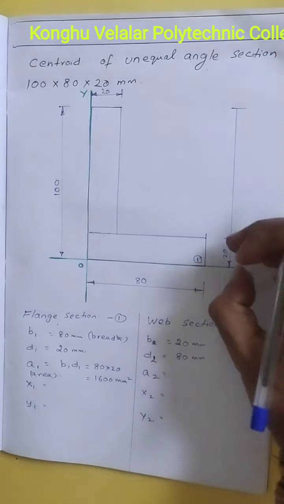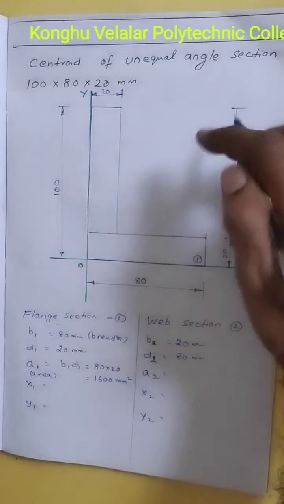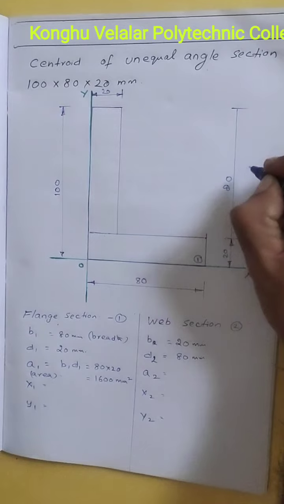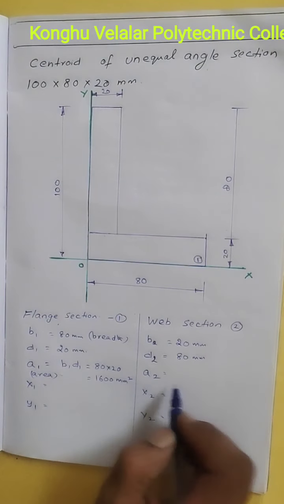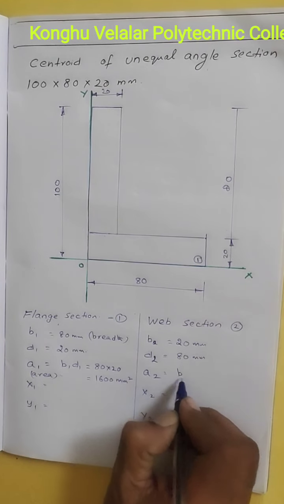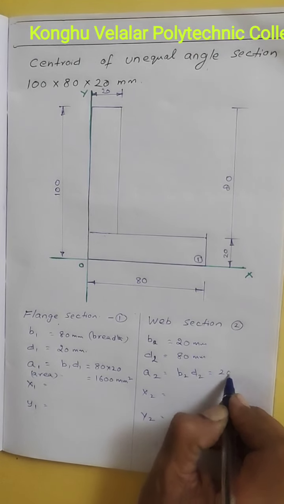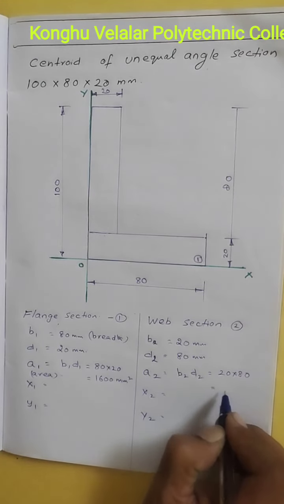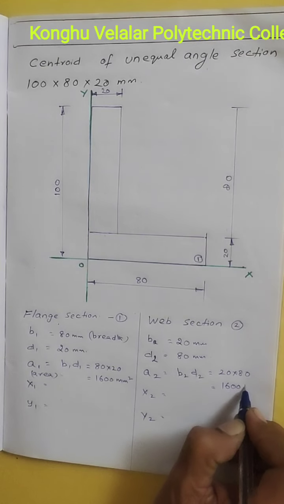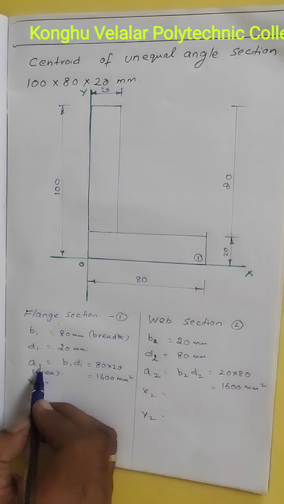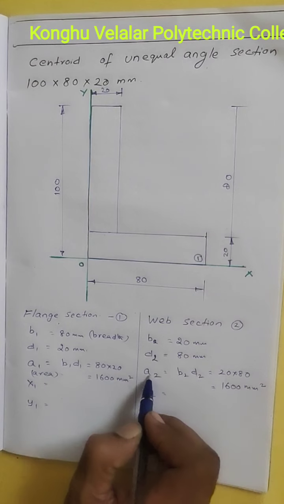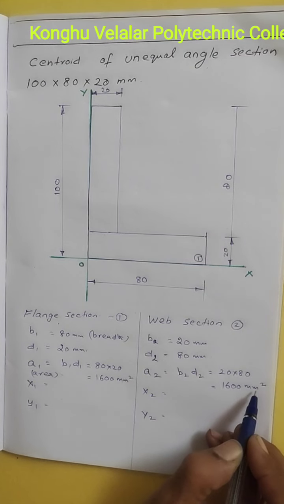Totally it is 100. 100 minus 20, you get 80. So the area again is B2 into D2. That's 20 into 80, that is 1600 mm squared. So you have got A1 1600 mm squared, A2 1600 mm squared.